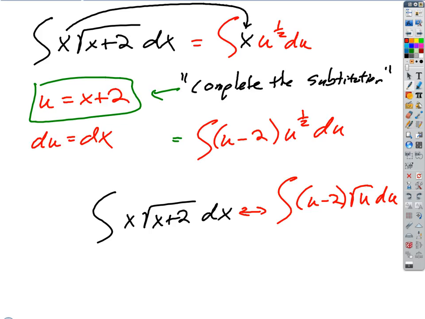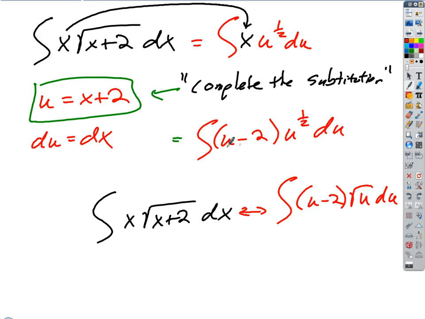Well, the issue is that I've got this x plus 2 under the radical, right? Now, if I had a u minus 2 outside of the radical, I'm really okay, aren't I? How can we use what we've done to our advantage here? I could just distribute this u to the 1/2 over this polynomial, right?